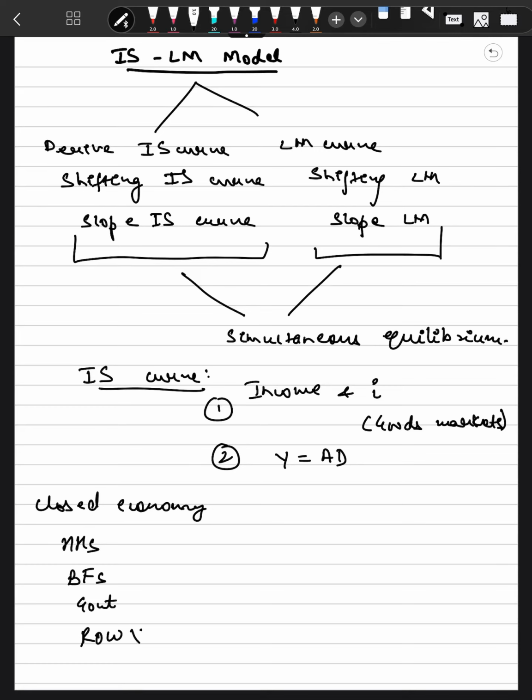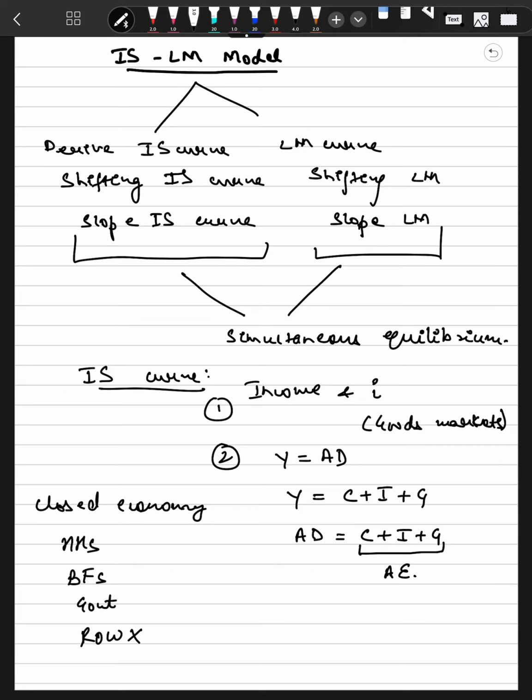The rest of the world we do not take in a closed economy. Therefore in the closed economy, Y is equal to C plus I plus G, and thus the equilibrium level is at the point where aggregate demand is equal to C plus I plus G, where C plus I plus G is actually aggregate expenditure.